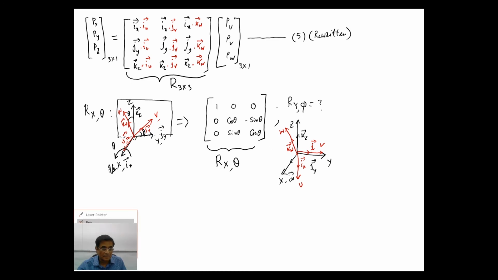So try to understand, and let us see what is the quantum of the rotation. This is phi, so this angle is also phi, and that is exactly what we are drawing.